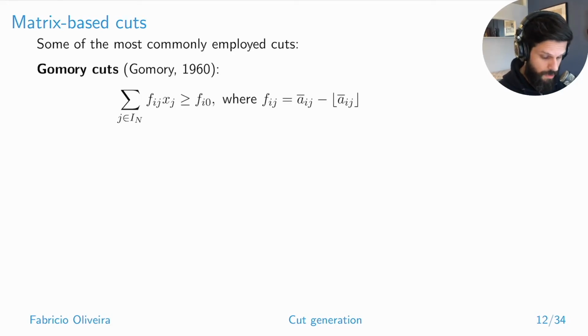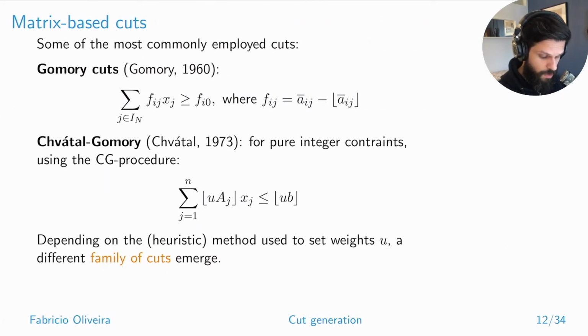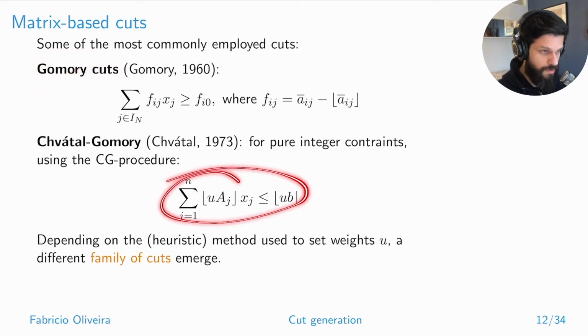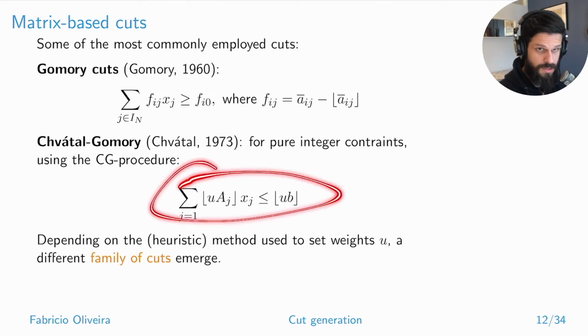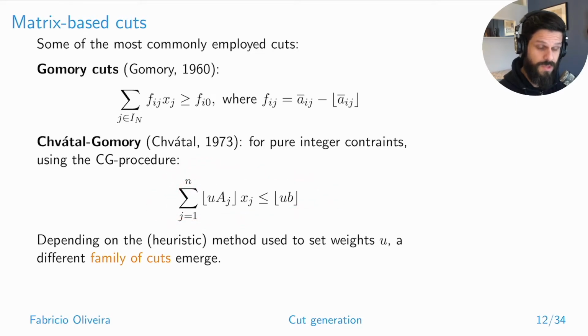Another that you're familiar with is the Chvatal-Gomory cuts. Sometimes these get called fractional cuts, and these get called just Gomory cuts. There's a bit of confusing nomenclature to refer to these, but these are Chvatal-Gomory cuts, and they were developed a few years later than the original fractional cuts.